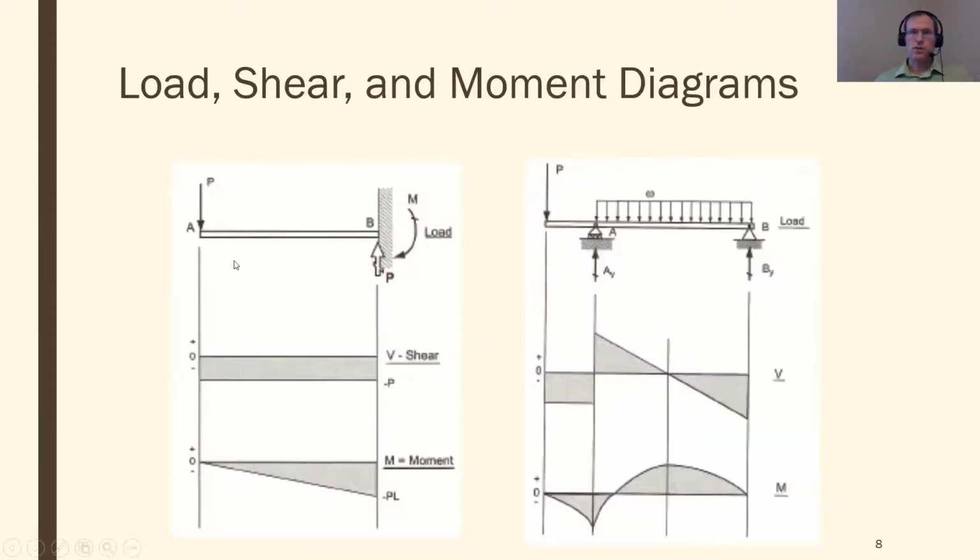And so that's how I'm going to draw these diagrams this class. Here are a few simple examples. I have a cantilever beam with just one single force. Generally, I have to make cuts where things change, so if a new force comes along, I'll have to make a new cut.